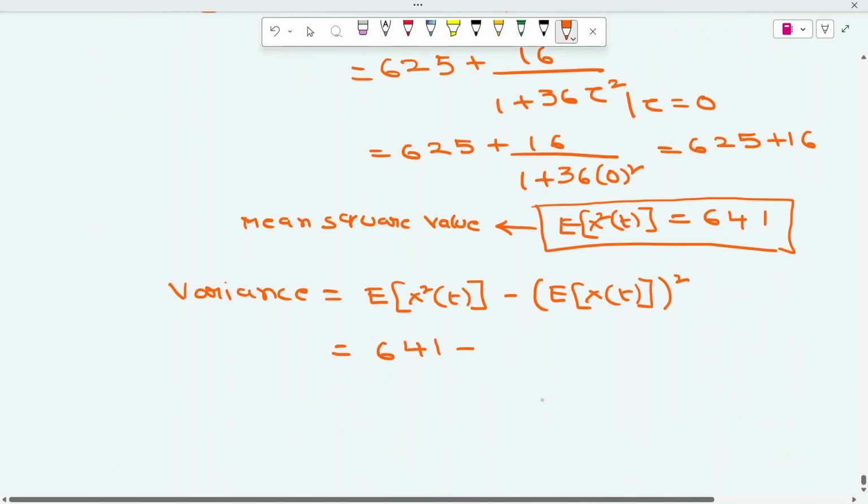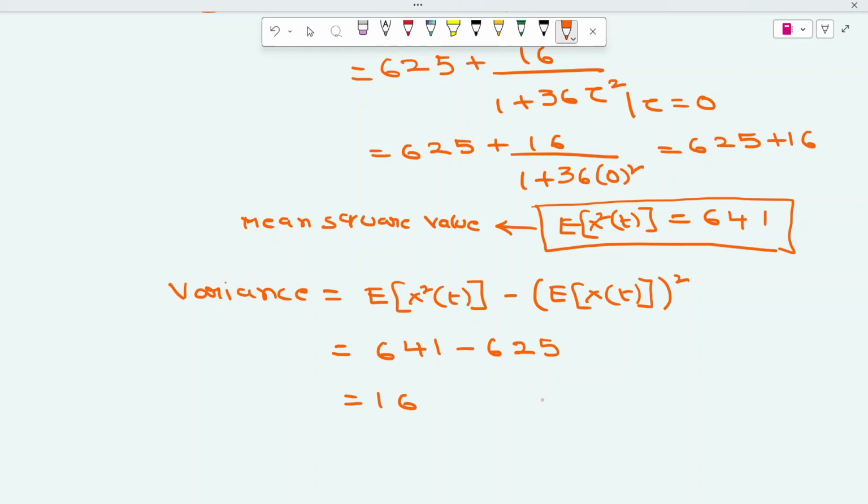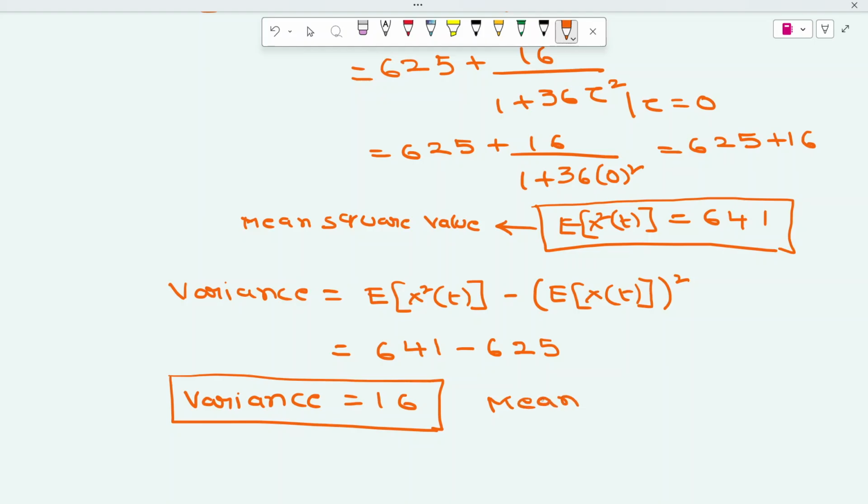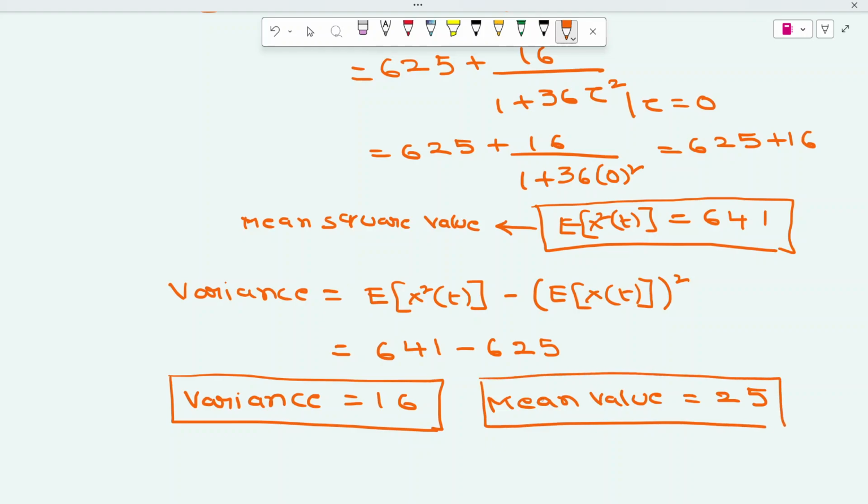Now if we substitute, 641 minus 625 is equal to 16. So the variance of the given process is 16, whereas the mean value is 25. These are the two things we were asked to find from the given autocorrelation function.